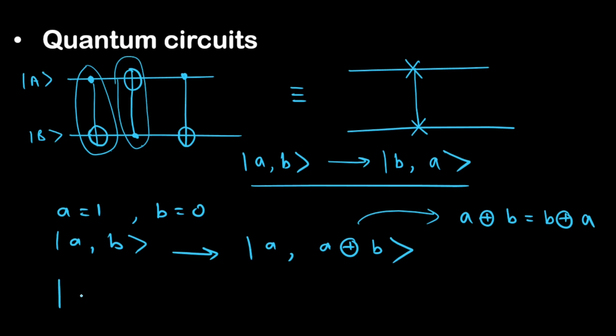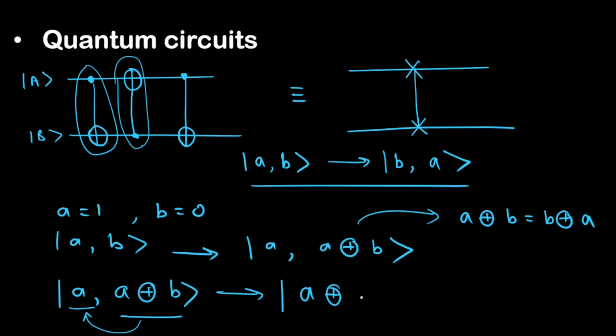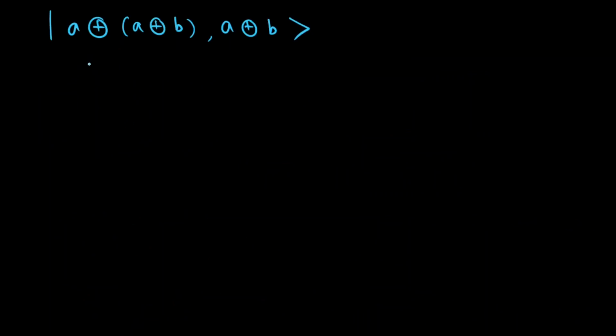So our state A, A plus B will be operated by the CNOT gate such that the bottom state will remain the same since it is in inverse fashion, and the top state will have an addition modulo along with the bottom state, which can be given as A plus (A plus B), A plus B. Now to simplify, we have A equal to 1 and B equal to 0, and this addition modulo is simply the operation of the XOR gate.